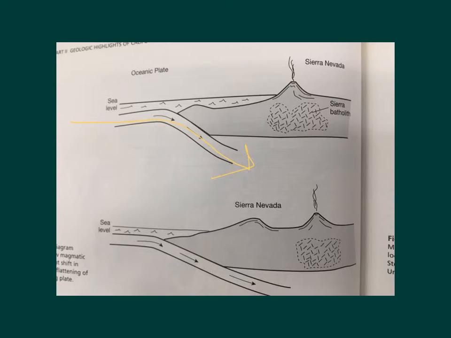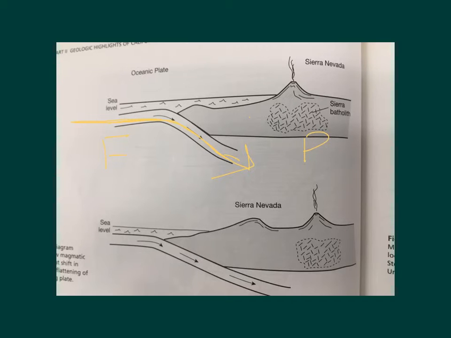Let's name these. This would be the Farallon plate, which we talked about, and this is the Pacific plate, which most of the country resides on. The Farallon plate is this dense oceanic plate that encounters the Pacific plate, which is continental crust, which is much lighter.